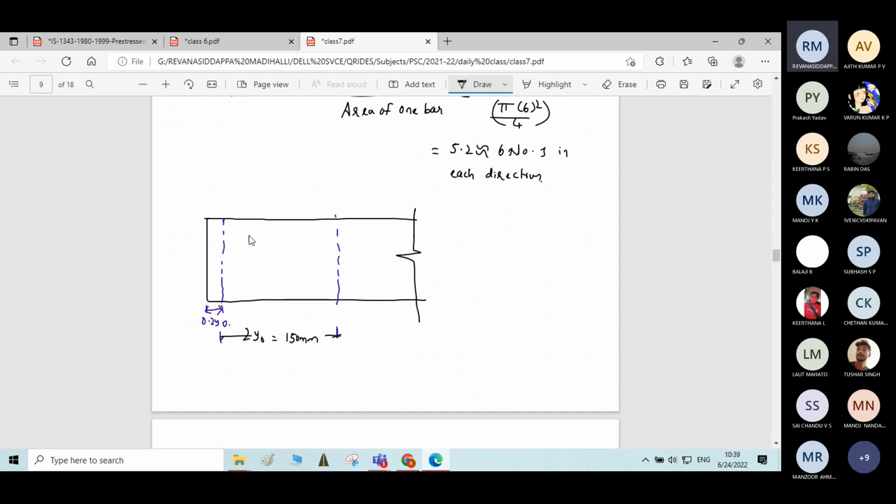Write the reinforcement details. You can also write the cross section.